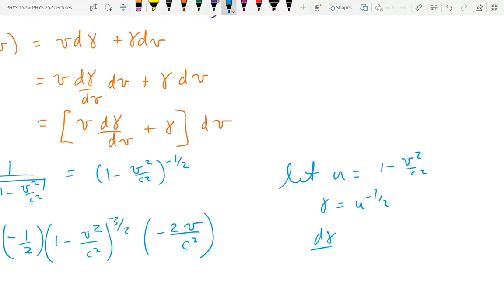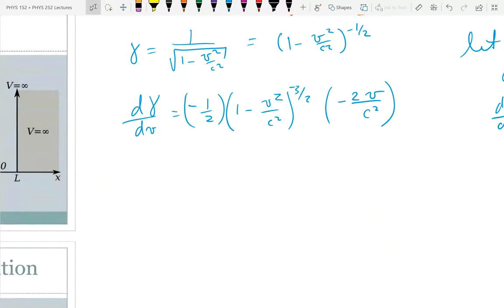So d gamma du is equal to -1/2 u to the -3/2, but then I have to do the chain rule. And so that is what we did. It's just you did it without saying the words chain rule, but it's how you did it.